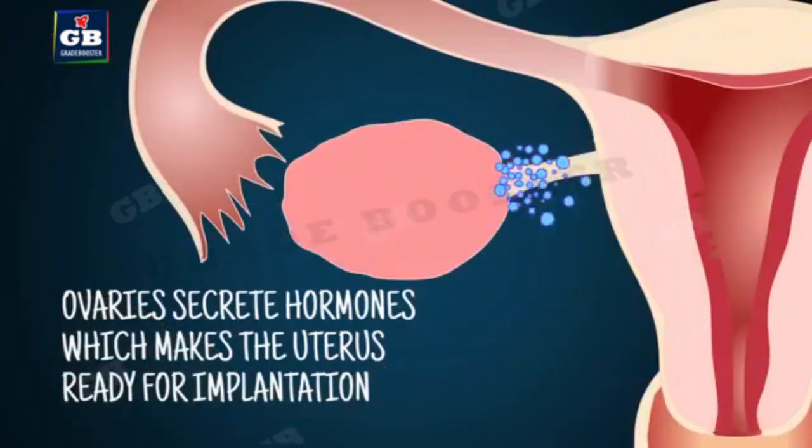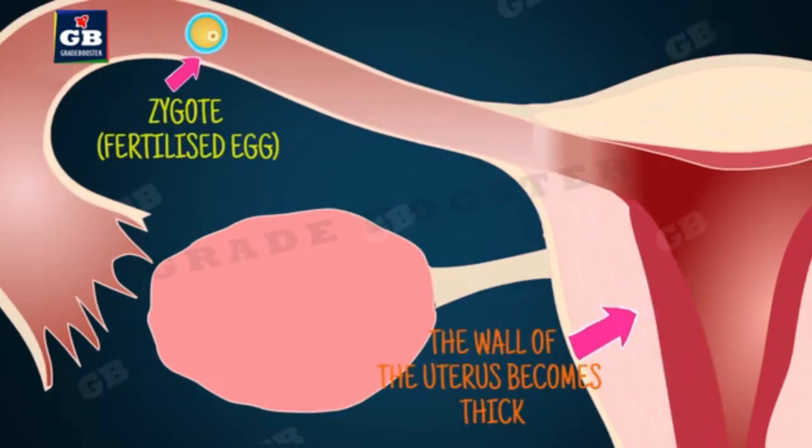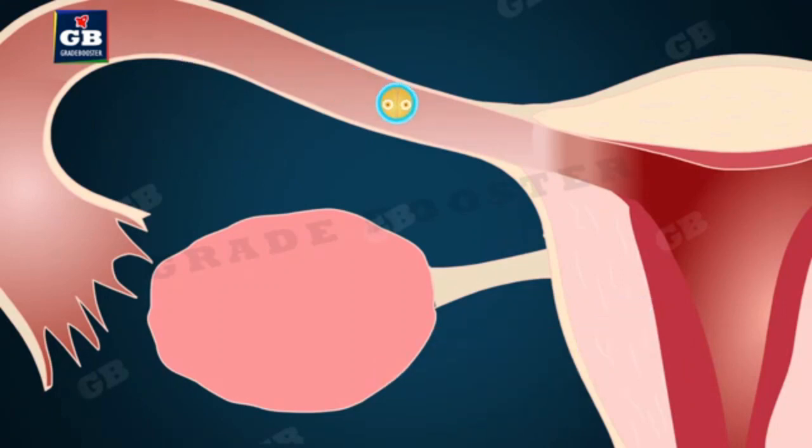The hormones secreted by the ovaries prepares the uterus to receive and nurture the growing embryo. The walls of the uterus becomes thick and richly supplied with blood to nourish the growing embryo. The fertilized egg, the zygote, gets implanted in the lining of the uterus and starts dividing.